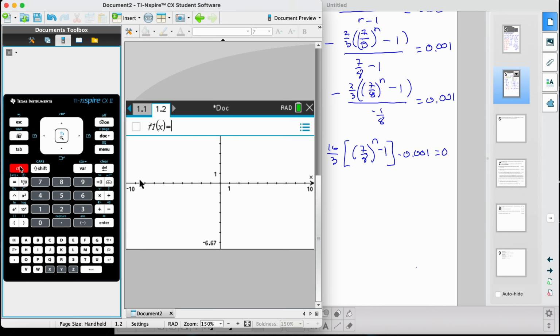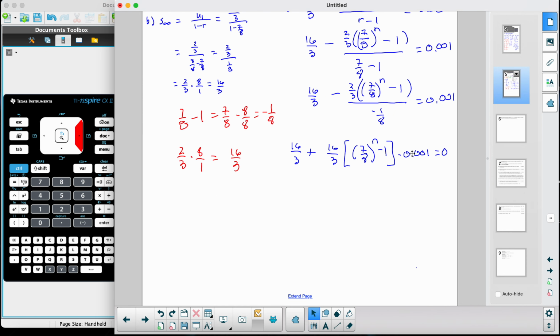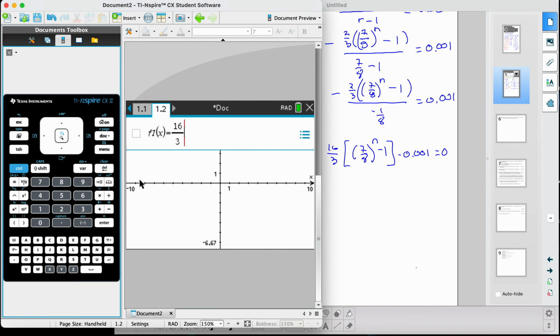I recommend you do this with the fraction bar so you know you're entering it correctly. Okay, plus all of this, plus fraction bar, 16 over 3 times, parenthesis, and another parenthesis with the 7/8, fraction bar, 7 over 8 to the x, so I have to hit my caret.